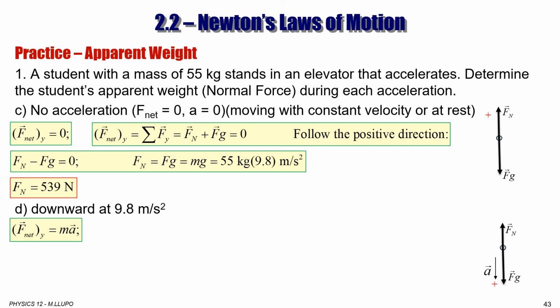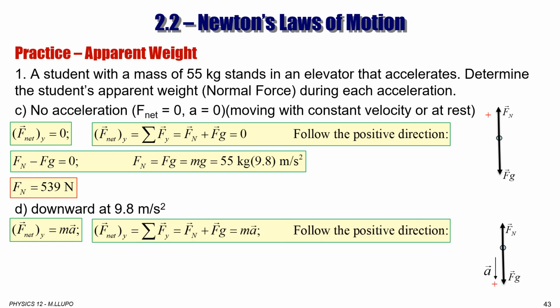And Fn is equal to Fg minus ma. We know Fg is mg minus ma. And we can factor m, and what is left there is g minus a. Then we plug in numbers. The thing is that g is 9.8 and a is 9.8. So it's 0. 0 times 55 is 0. So that means the normal force is 0. So although we did the right thing to draw a normal force, in a free fall there's no normal force because nothing is holding anything.